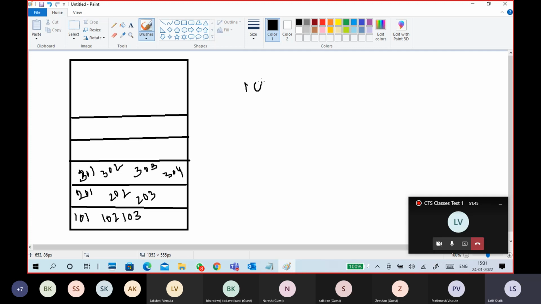So when you see 101, what is the meaning of the first digit? What is the meaning of the second? When you see 102, what is the meaning of this one?